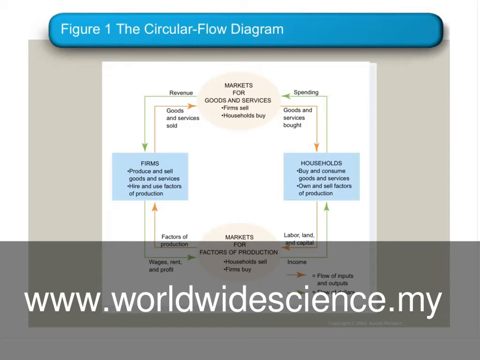So the first one is the flow of inputs and outputs, and the second one is the flow of dollars, as you can see. Markets make revenue, the revenue comes to the firm, firms pay wages, rent, and profit, and it becomes income, and then the households get it and spend it.